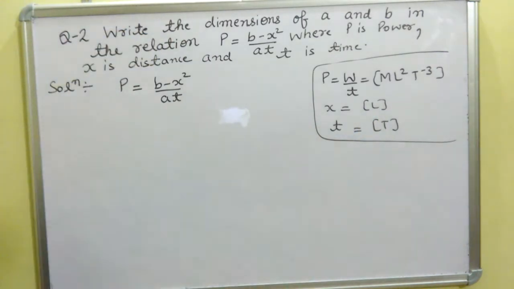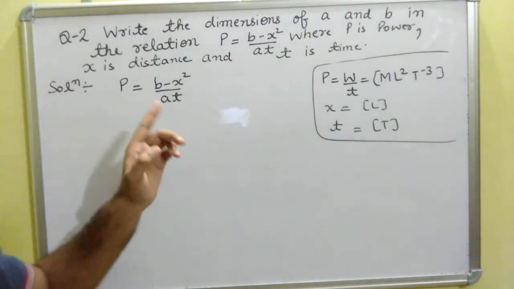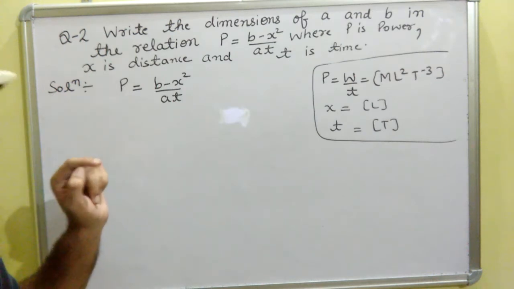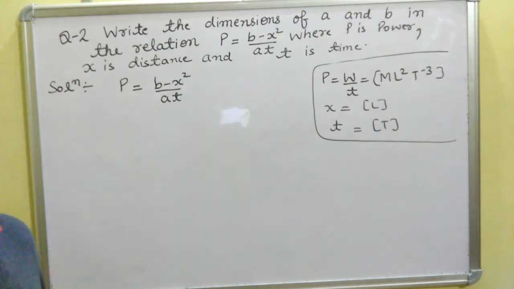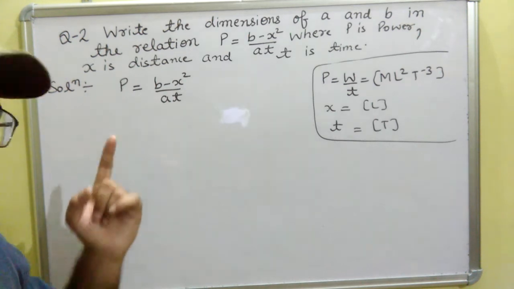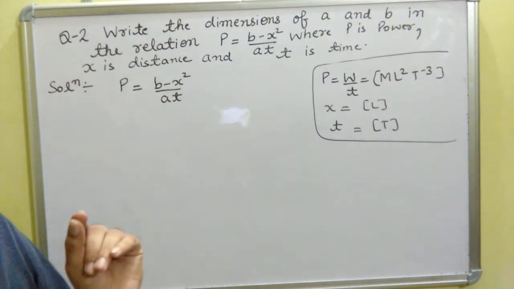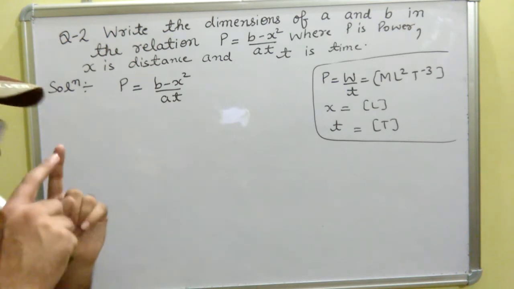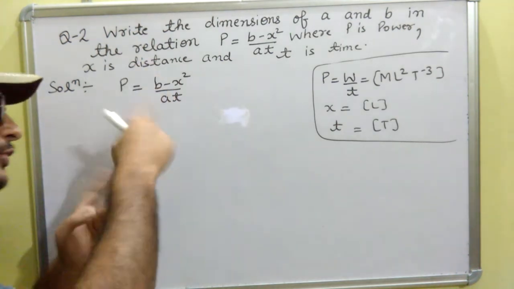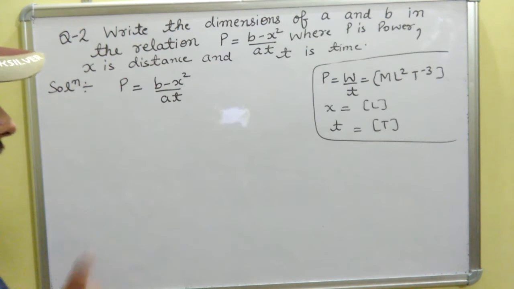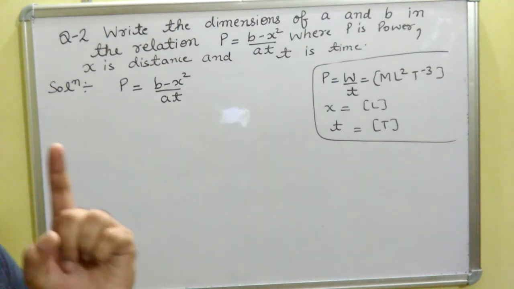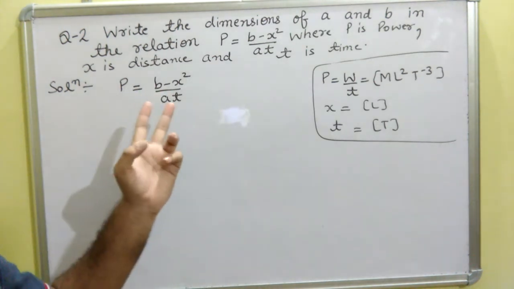Now let's start with the question. The difference between the last question and this question is that in that question you had only a numerator, no denominator, but here you have both numerator and denominator. And in these types of questions you have to be very careful. Whenever you get these types of questions, numerator and denominator, always first go for the subtraction and addition.